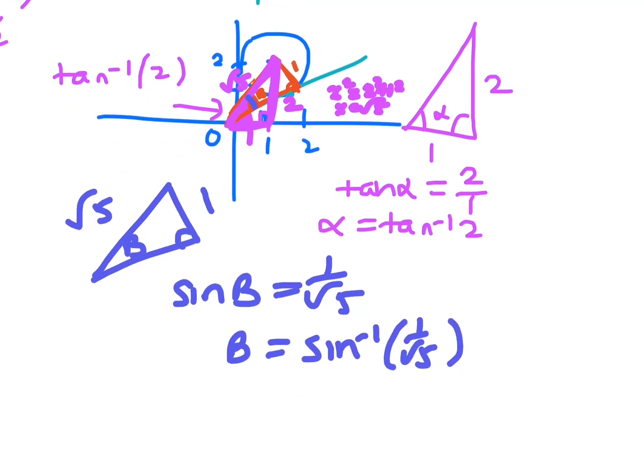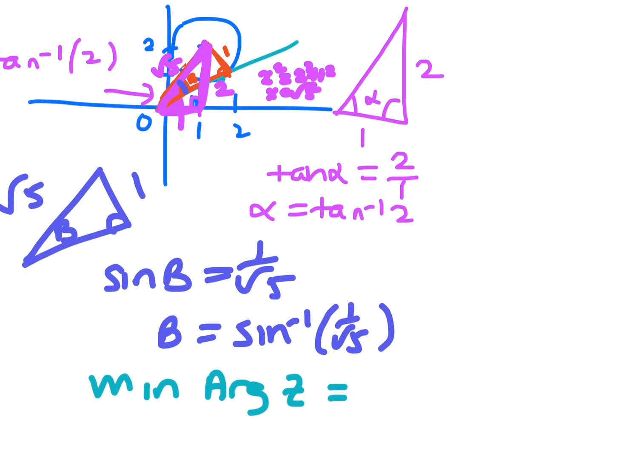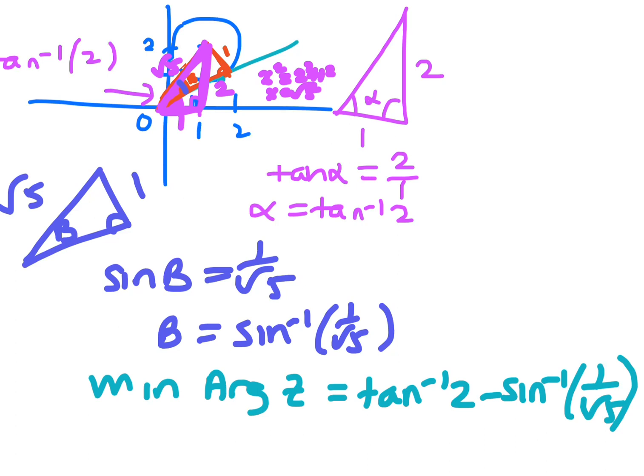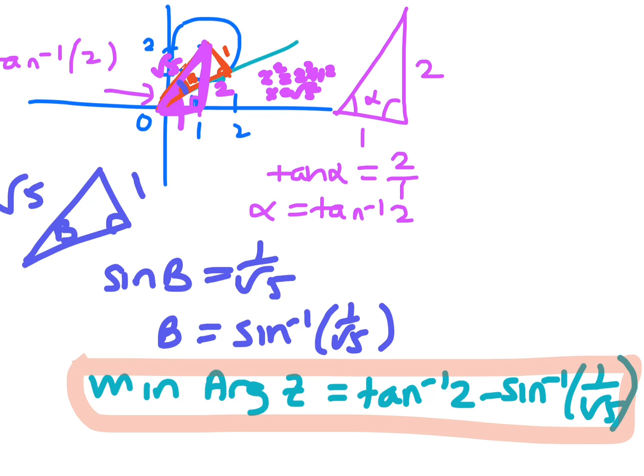So basically, to get what the minimum of arg z is, it's just going to be the pink one, which is tan the minus 1 of 2 minus sine the minus 1 of 1 on root 5. And that would be the minimum value of arg z.